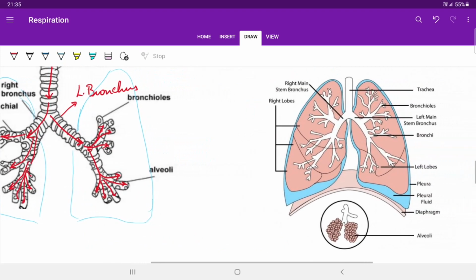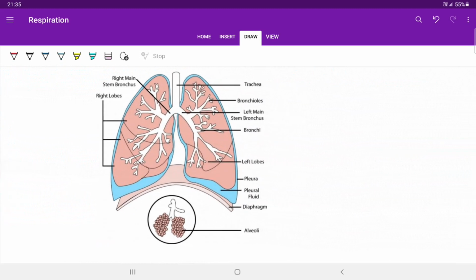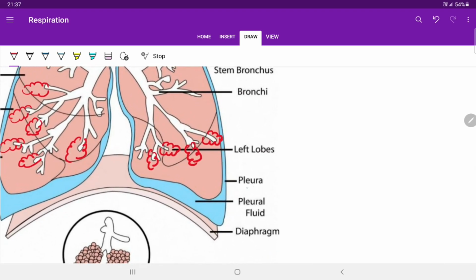Let us have a closer look at the lungs. Lungs are very thin, very fragile organs which are formed of structural units called alveoli. They are the sac-like structures present at the end of each bronchiole, and they are the structural and functional unit of the lungs. Lungs have membranous coverings, and this membranous covering is called the pleura.